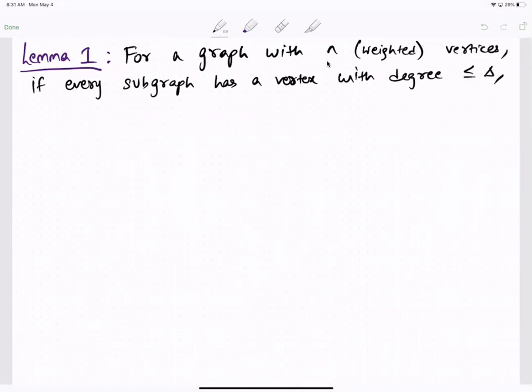It means you pick any subgraph in this graph, there'll always exist a vertex with degree less than or equal to delta.